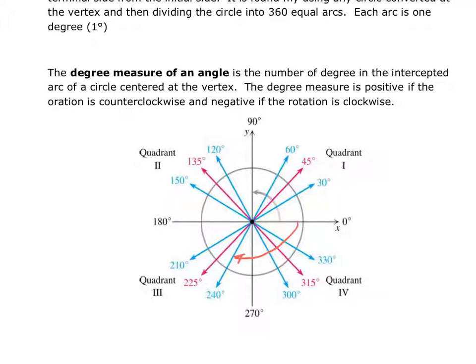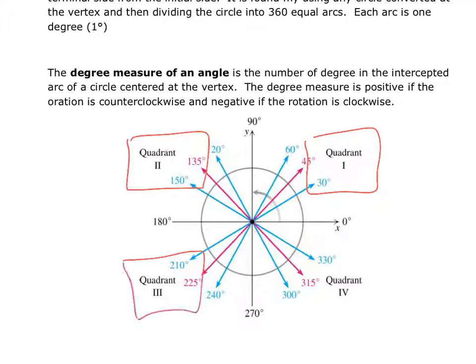Okay. The other thing that is terribly important in our setup here is the quadrants. So we have quadrant 1, quadrant 2, 3, and 4.